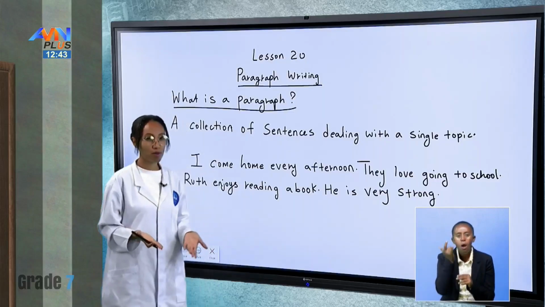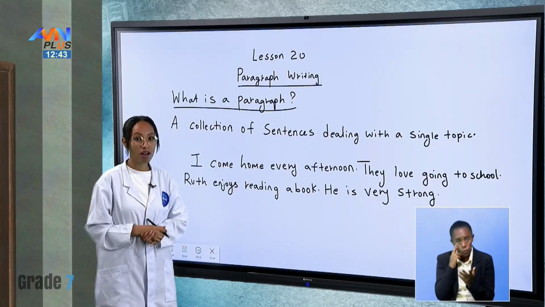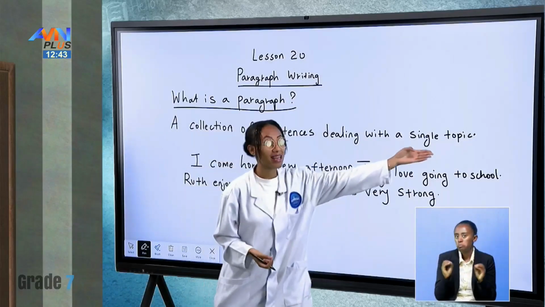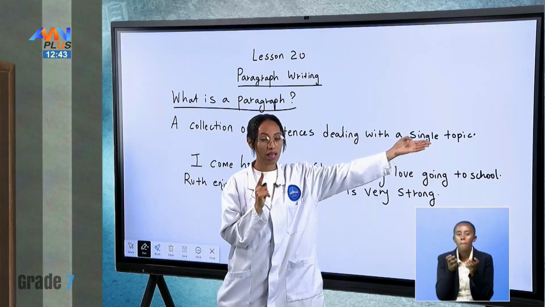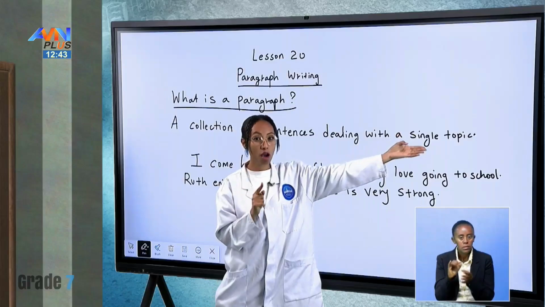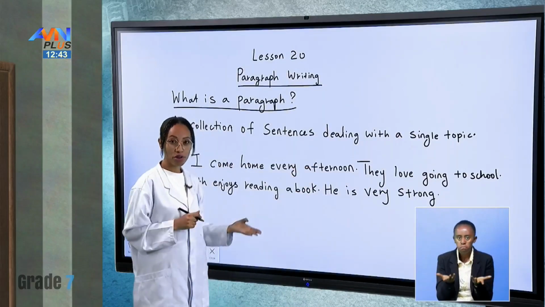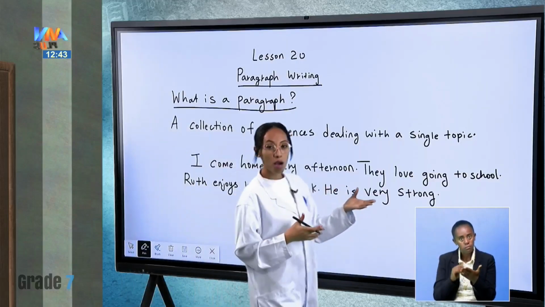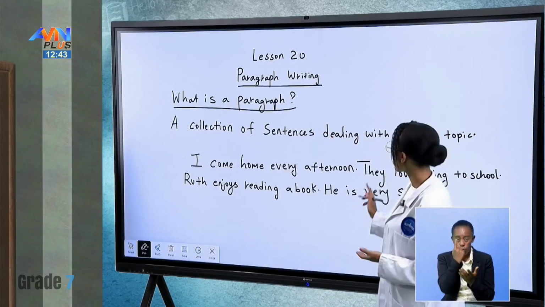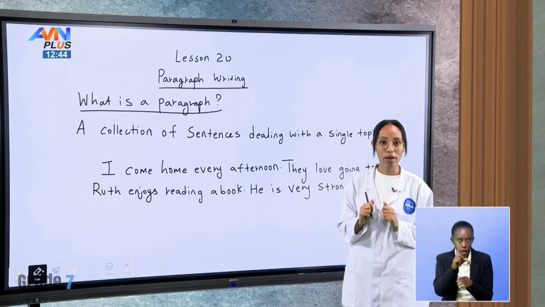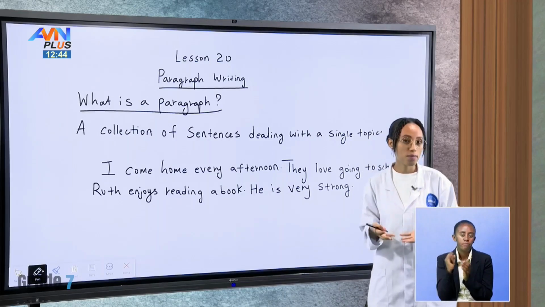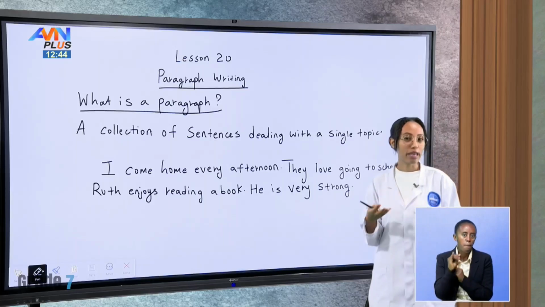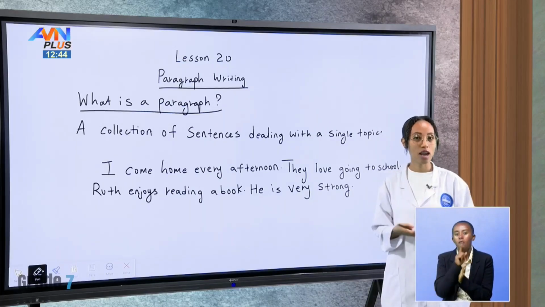Why can we not say that this is a paragraph? Because we don't have a single topic. We don't have a main topic that we further discuss. A paragraph should have one single topic that we discuss in detail by giving examples, facts, and other kinds of things.